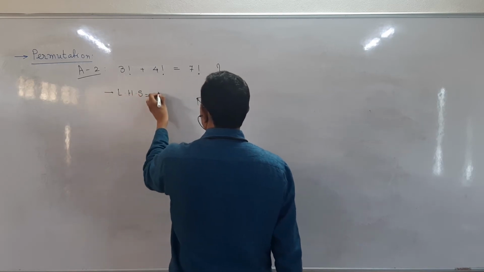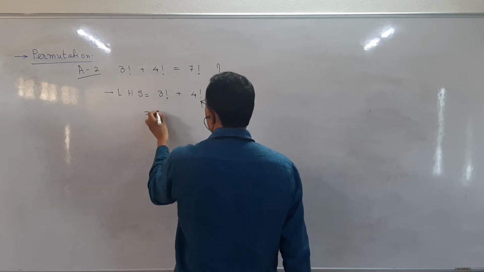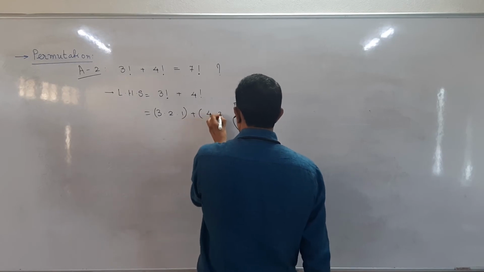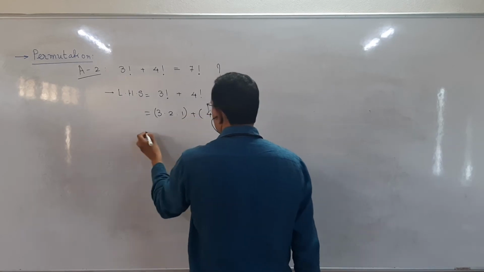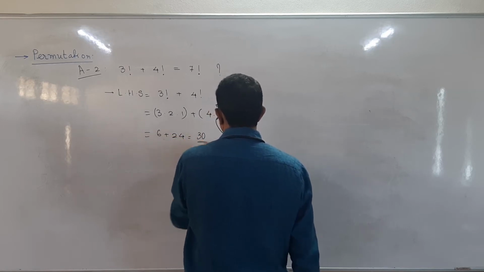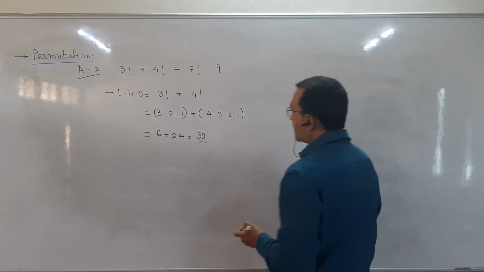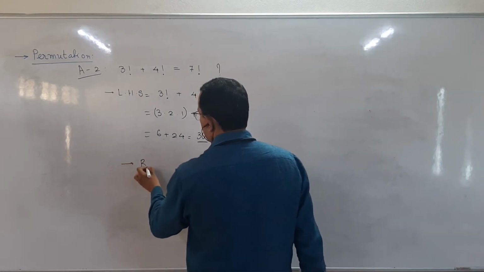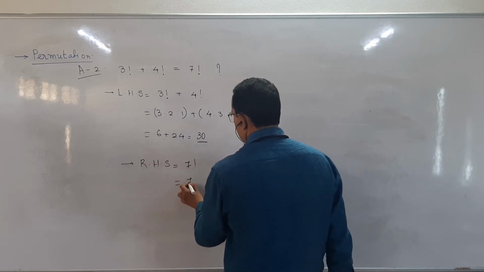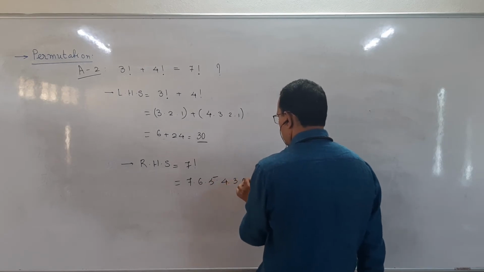LHS is equal to 3 factorial plus 4 factorial. This is product of 3 to 1. This is product of 4, 3 to 1. This is 6. This is 24. So this is 30. Now, RHS is 7 factorial. So this is product of 7, 6, 5, 4, 3, 2, 1.